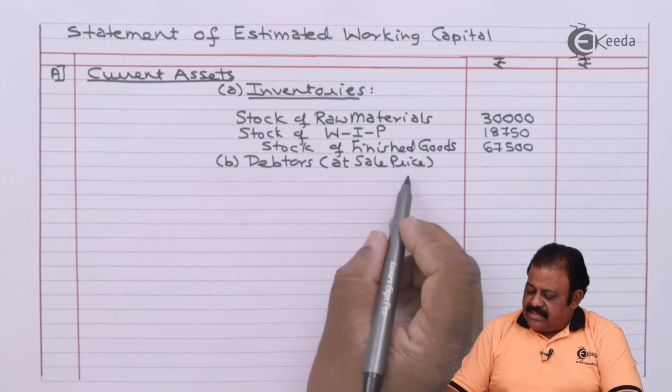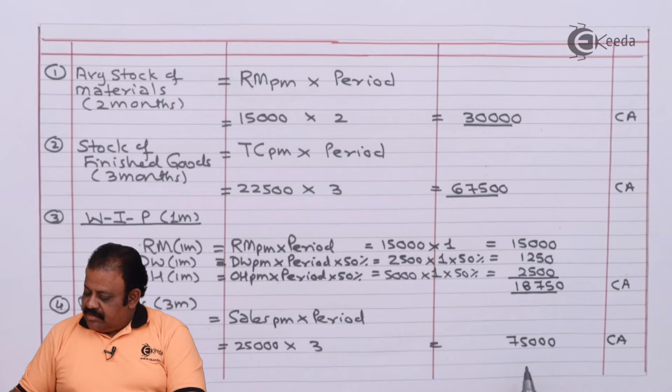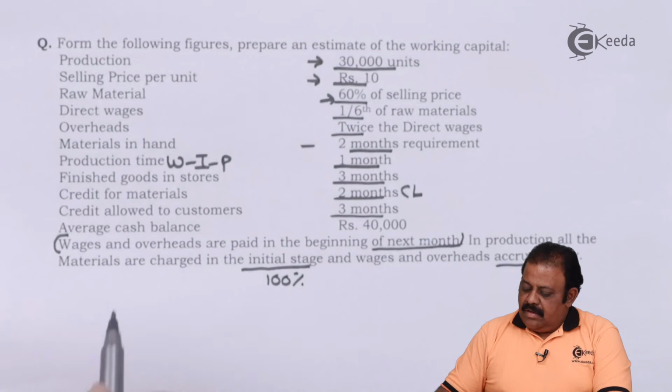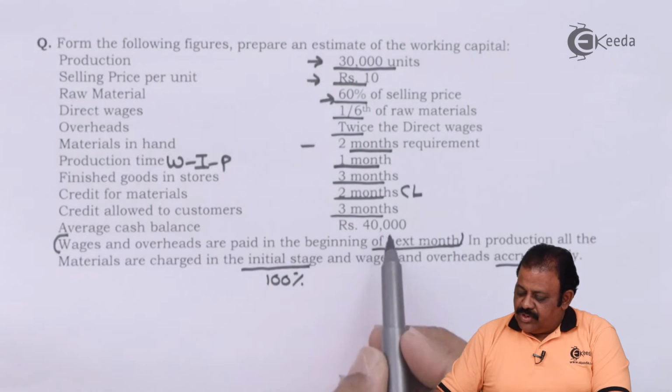Next we have debtors at sale price. Debtors 75,000. Average cash balance 40,000.